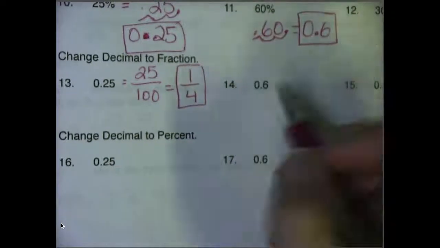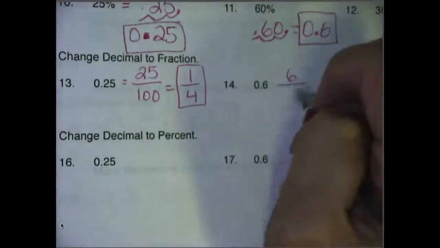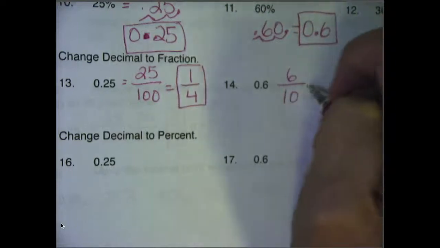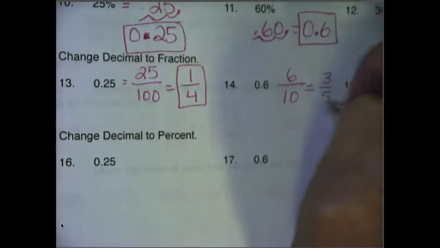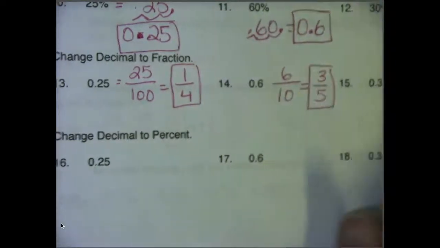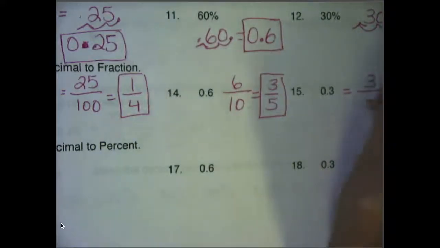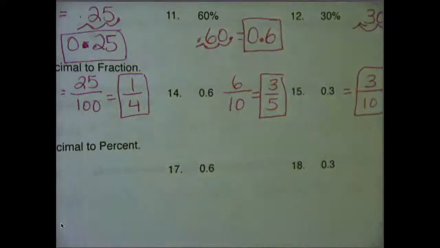Number 14, 6/10. We're going to take 6 and put it over 10, and we're going to simplify it to 3/5. Number 15, 3/10. We're going to write 3 over 10, and it's already in simplest form, so 3/10.